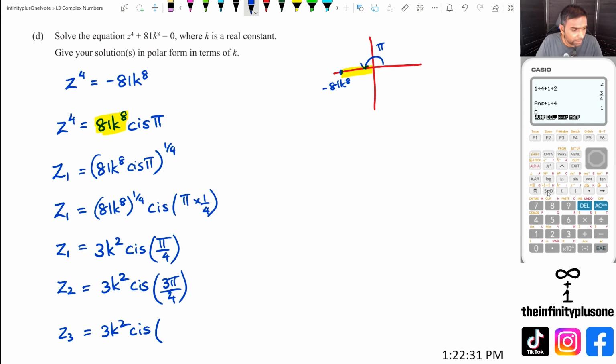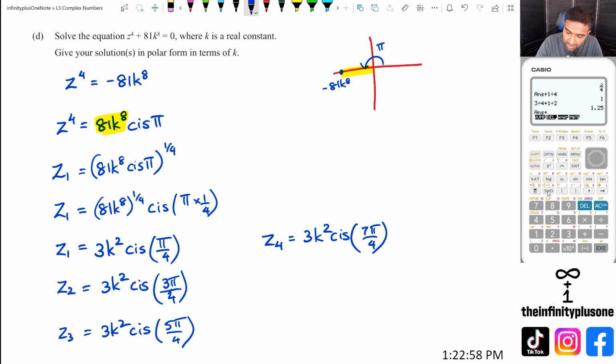No, not 1 over 4, should be 1 over 2. Sorry, that's my mistake, because I'm always adding a half pi. So that becomes 5 pi over 4. And then z4 will be 3k squared cis 7 pi over 4, because if I go plus another 1 over 2, I'm going to get 7 over 4.